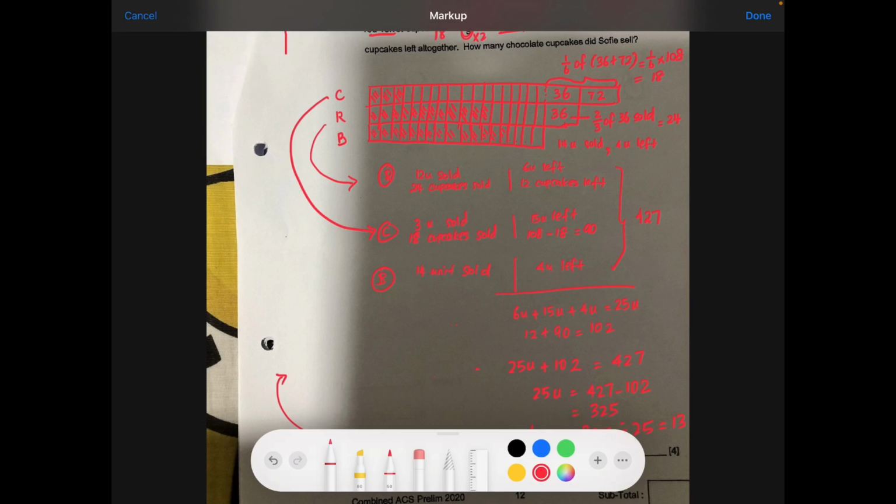So you focus on this part here. You will have 3 units equals 13 times 3. You will get 39. You need to plus another 18. So 39 plus 18, you can use your calculator to add it. Your answer will be 57. So how many chocolate cupcakes did Sophie sell? The answer will be 57.